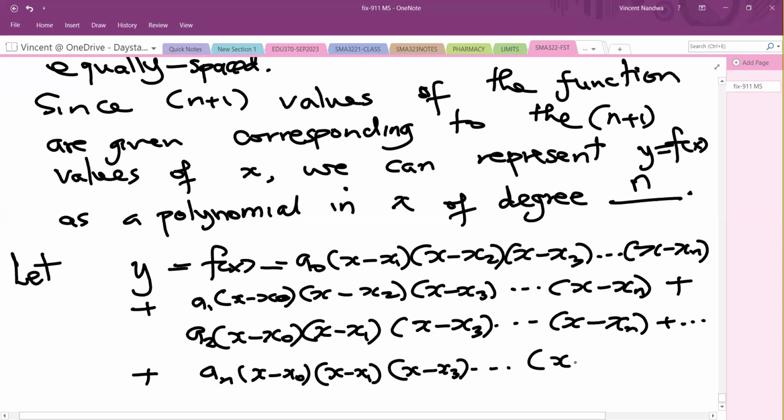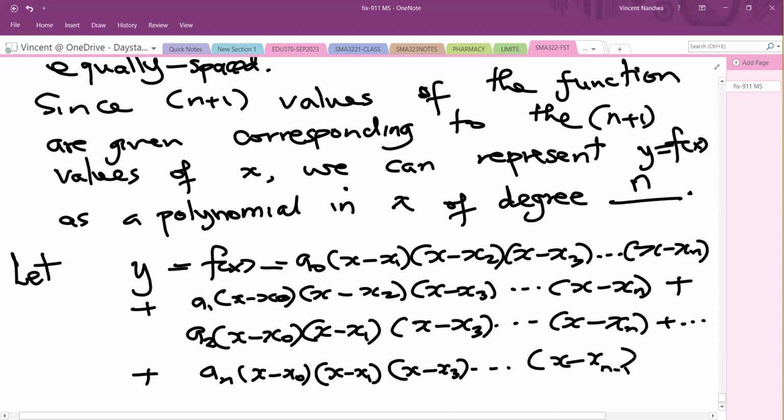Anyone who is able to follow what I'm doing, what will be the subscript of this last x value? N minus 1, correct. N minus 1.